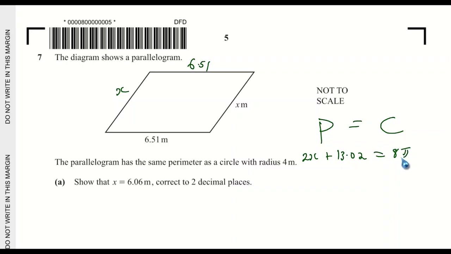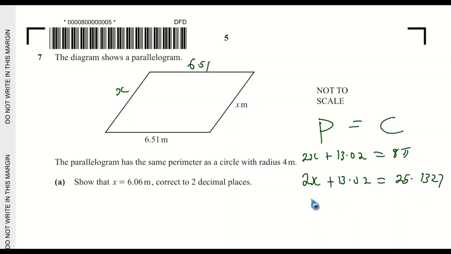So if you substitute the 8 pi, that is 8 multiplied by 3.142, we can write 2x plus 13.02 equals 25.1327.